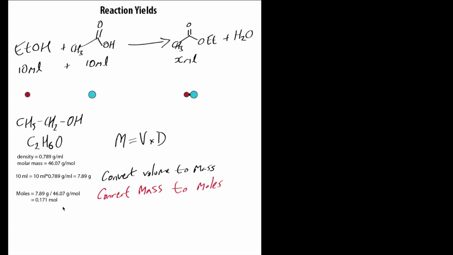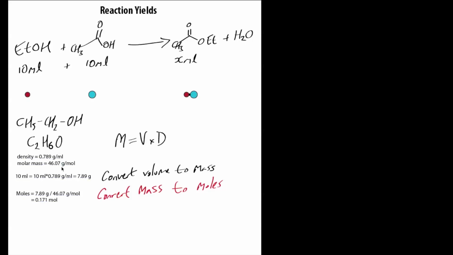So remember, the moles is a number which you multiply by Avogadro's constant. So 1 mole of ethanol, if you weighed it out, would be 46.07 grams. Okay, so that many molecules of ethanol would weigh that much.